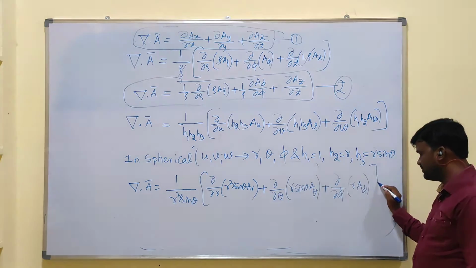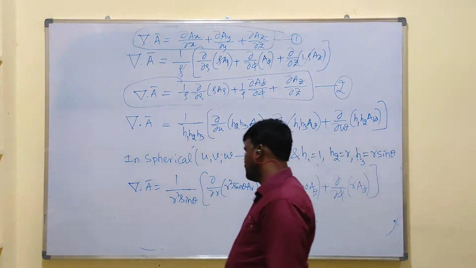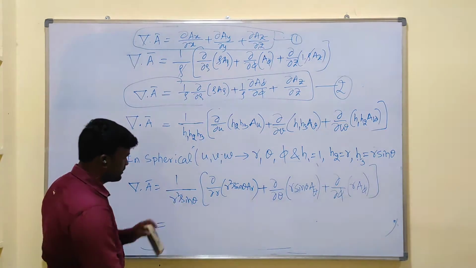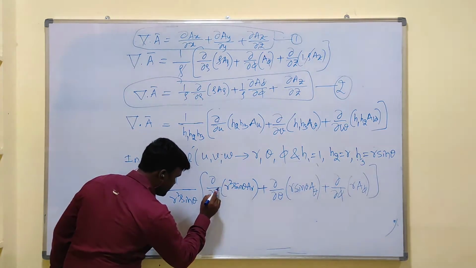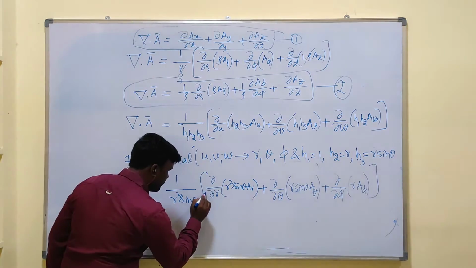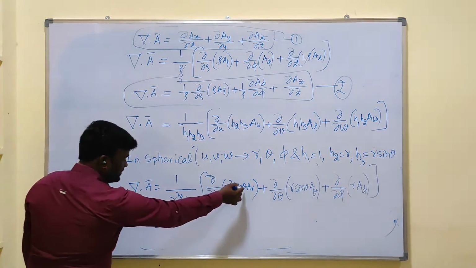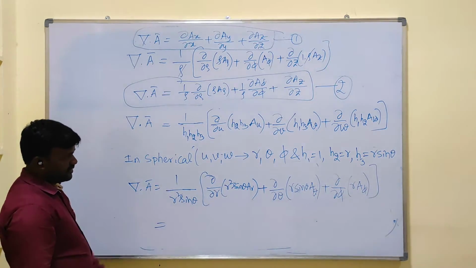Now simplify this one. You will get del dot A as what? Differentiation with respect to R, ∂/∂R. But sin theta or phi components are taken as constants.